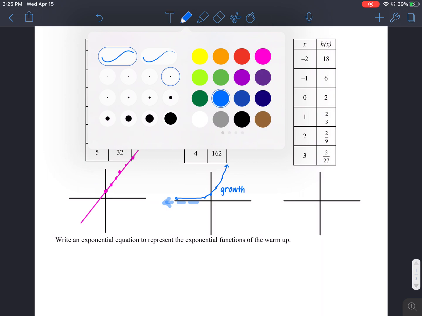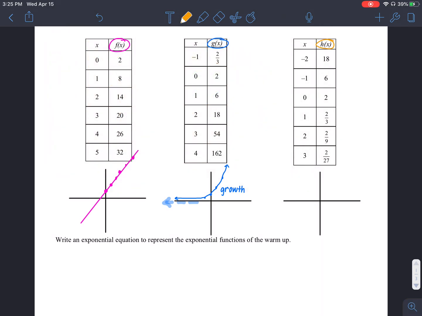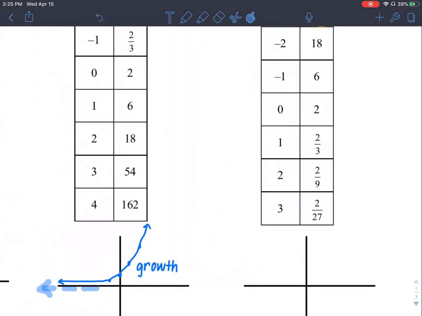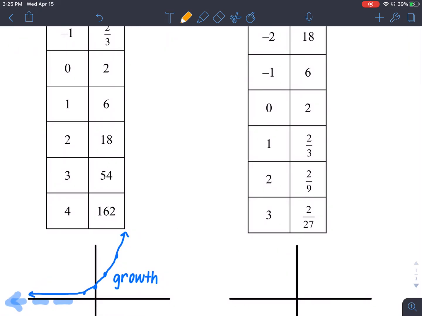And then if I look at that final h of x, we have (-2, 18), (-1, 6), (0, 2), so still the same y-intercept, (1, 2/3), (2, 2/9), and then (3, 2/27), so it's barely above 0.